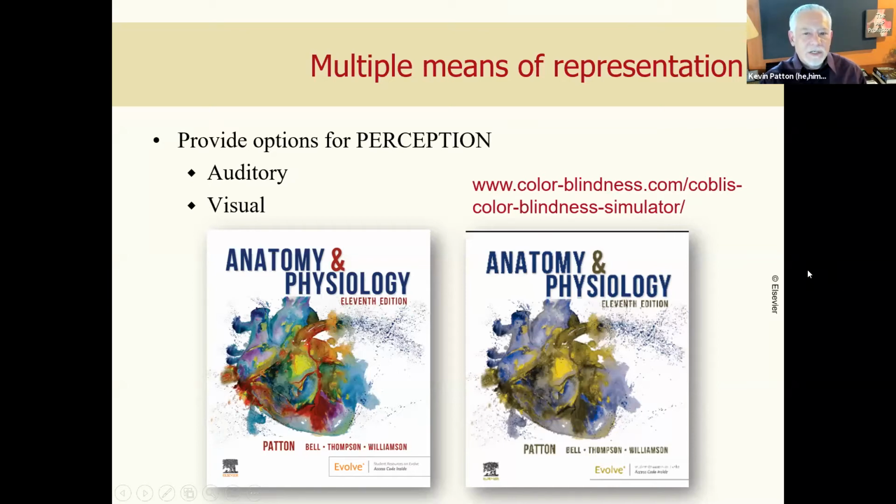In these images that you see here, I'm highlighting the difference between typical color vision on the left and a very common variation of color vision on the right. Now, some of you that have that kind of variation of color vision might not even see a difference or much of a difference between those two images.